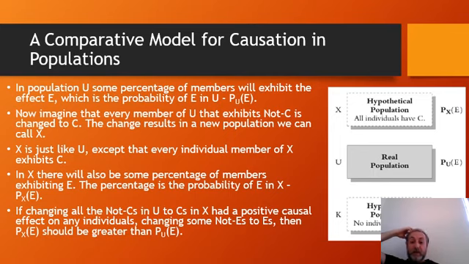So if there is a causal relationship, we ought to expect that the probability of the effect in the population where everybody has the causal variable should be greater than the probability of the effect in the population where there's the mix, like some smokers, some non-smokers.